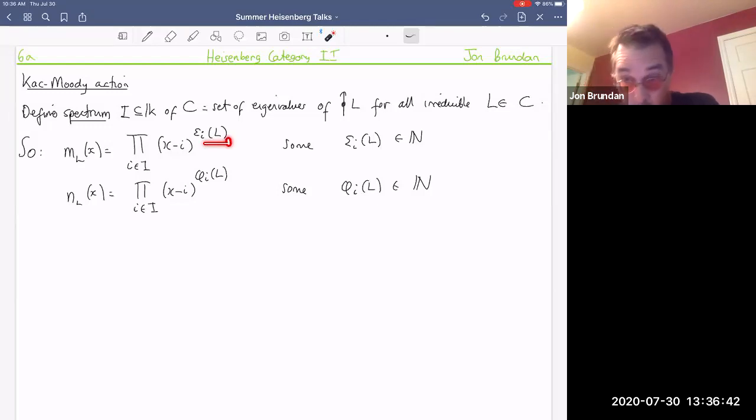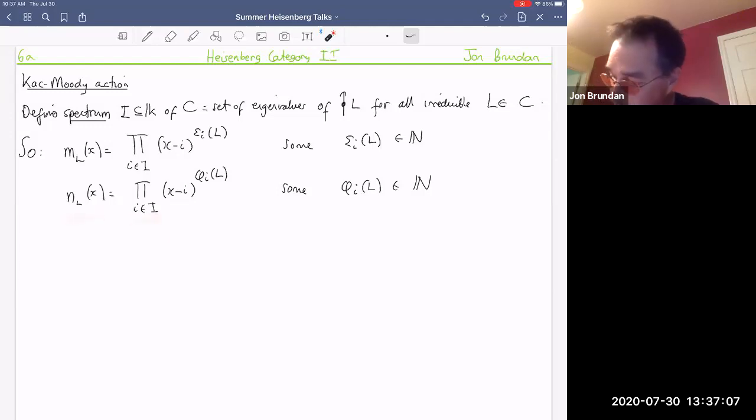L is always an irreducible module in our Abelian category. So that's all I is. It's just where the roots of these minimal polynomials live. And you can show that this other minimal polynomial, the minimal polynomial for the dot on the down strand, NL of x, also has exactly the same set of roots, this same spectrum.